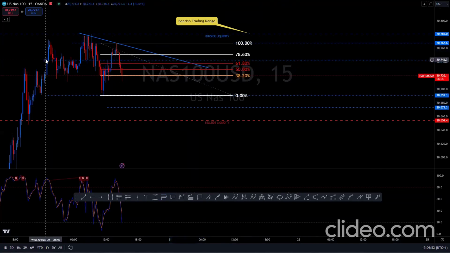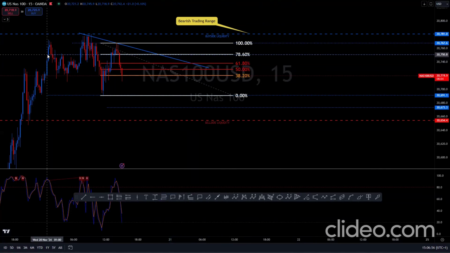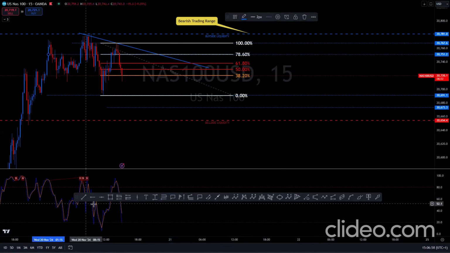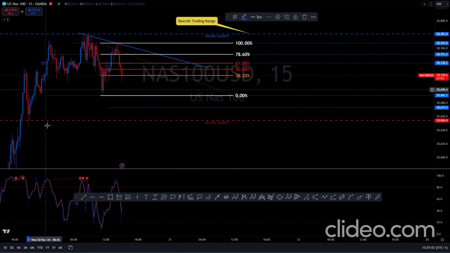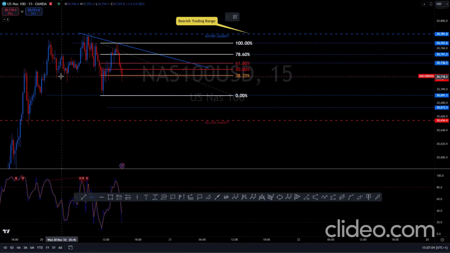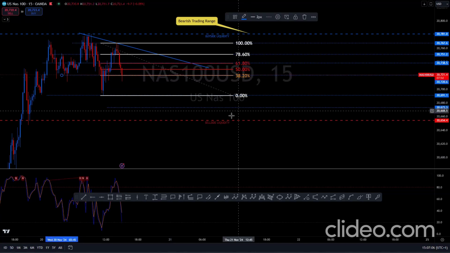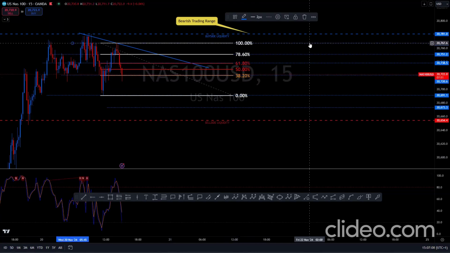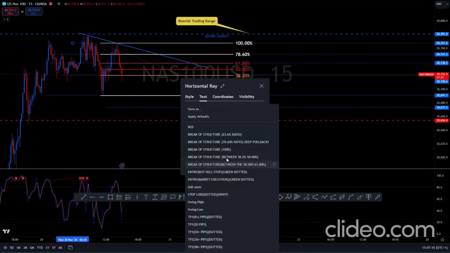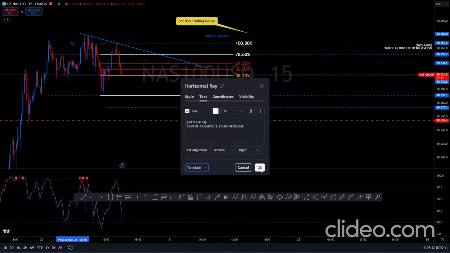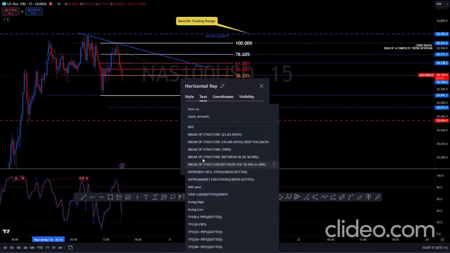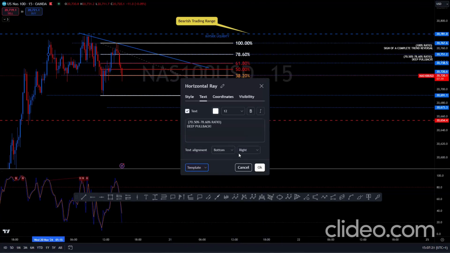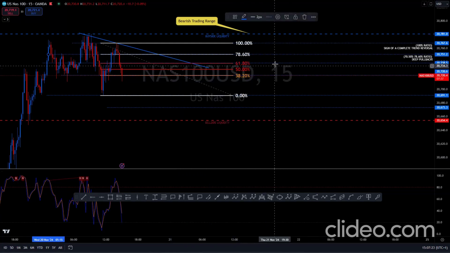So now we're going to put 73.60 here. Right there. Now we're going to label these areas. There we go.